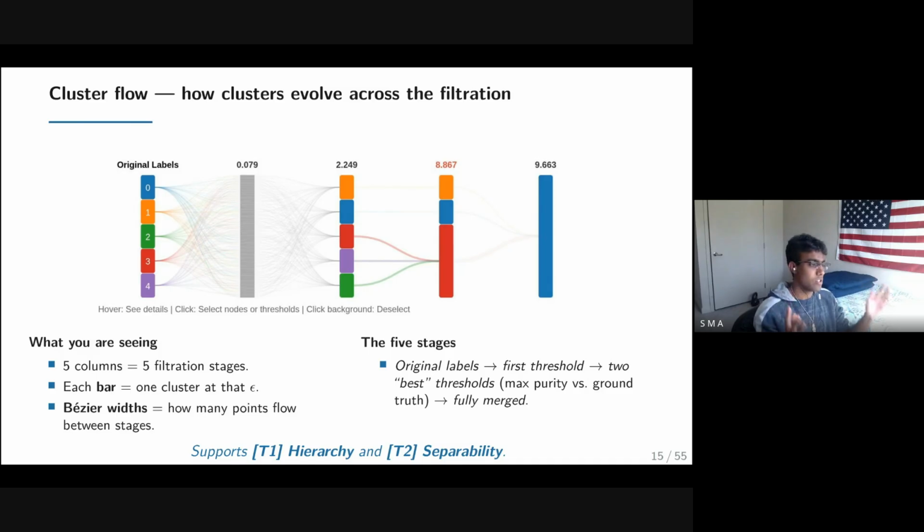If you just consider that filtration is similar to hierarchical clustering, you'll understand that you have individual data points and they'll form clusters at a certain threshold and they'll merge into one big cluster finally, at a really large radius.